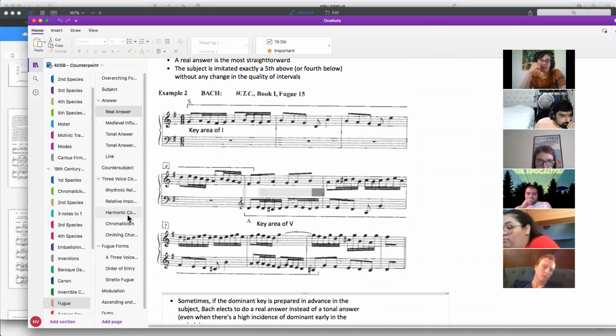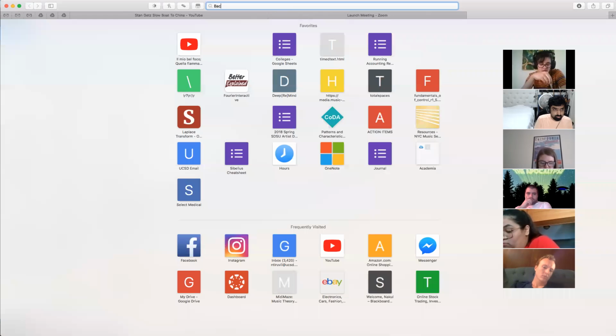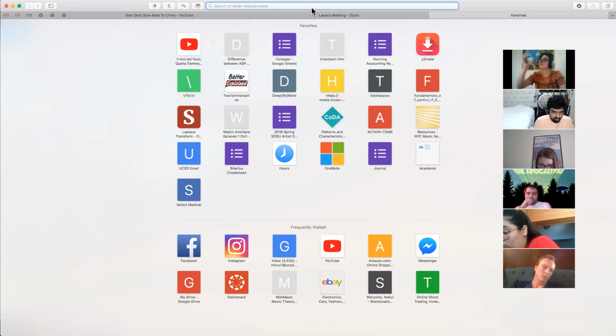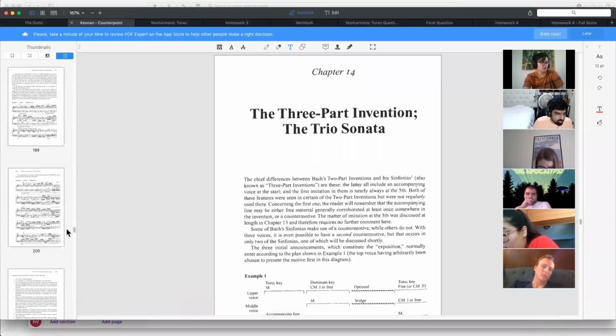I guess I could just as easily find this fugue. It's fugue number 4. No. Oh gosh.